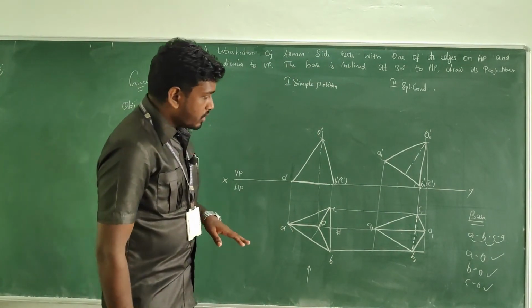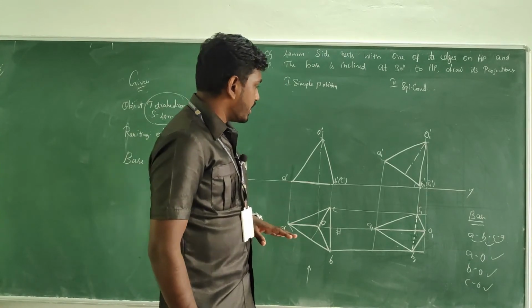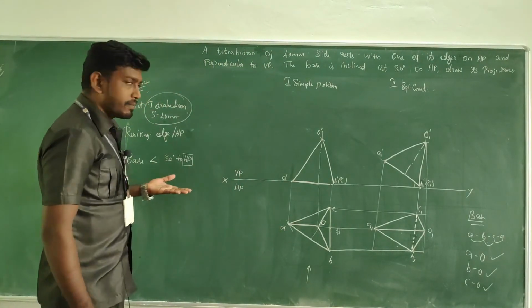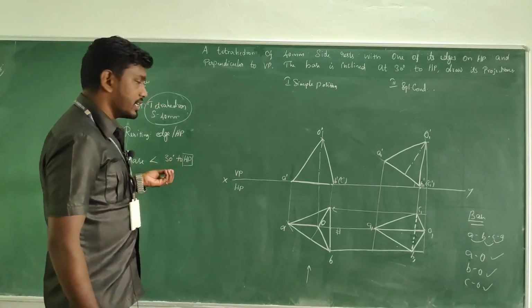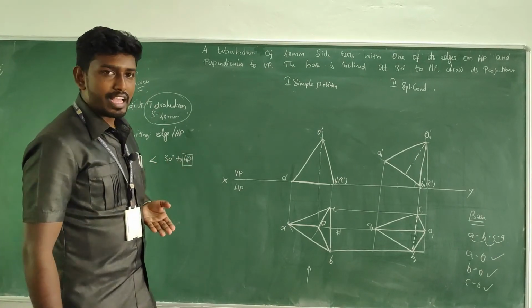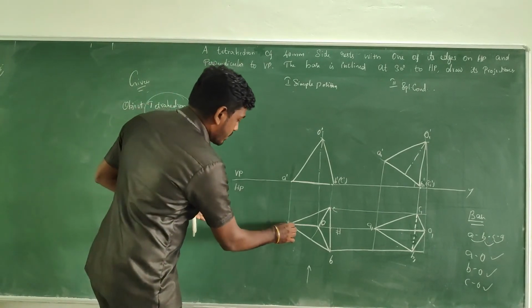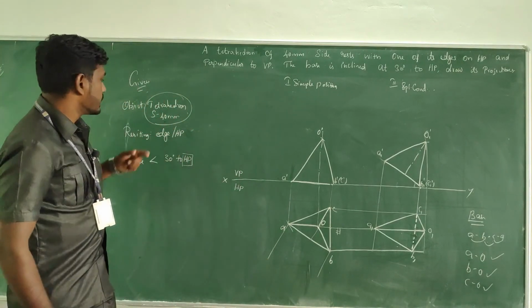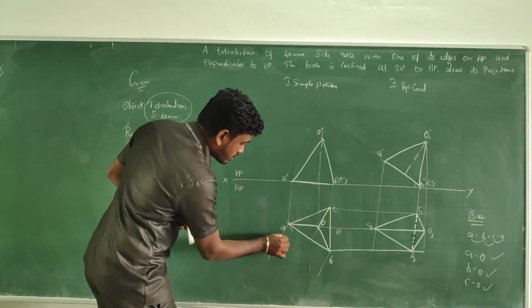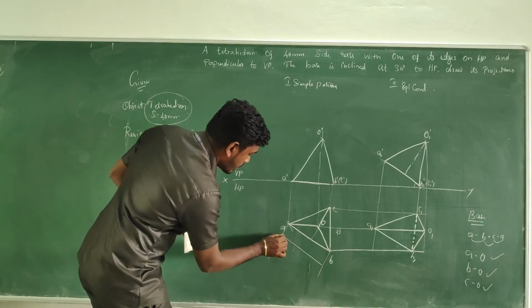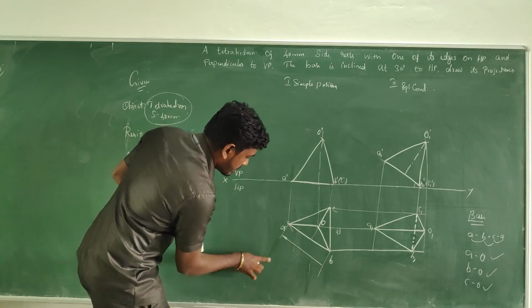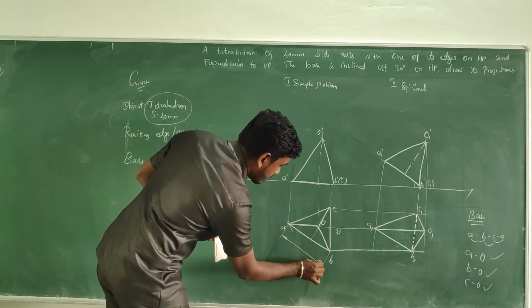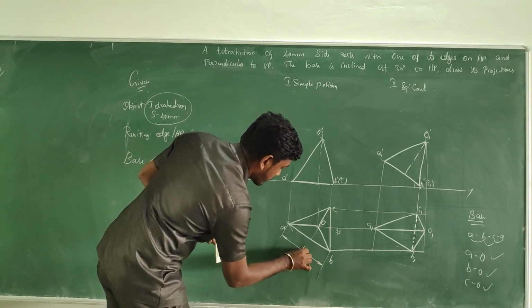Okay, fine. So this is how we need to do the projection work when you have such conditions, like the base is inclined to HP. Then go for the measurement. Here the base side is 40 mm. So for one of the base sides you can show the measurement, which is 40.